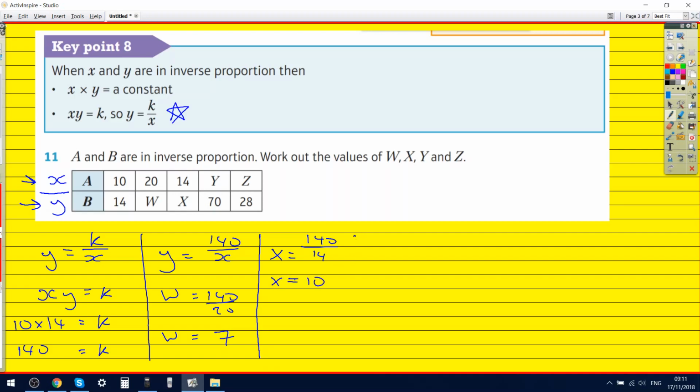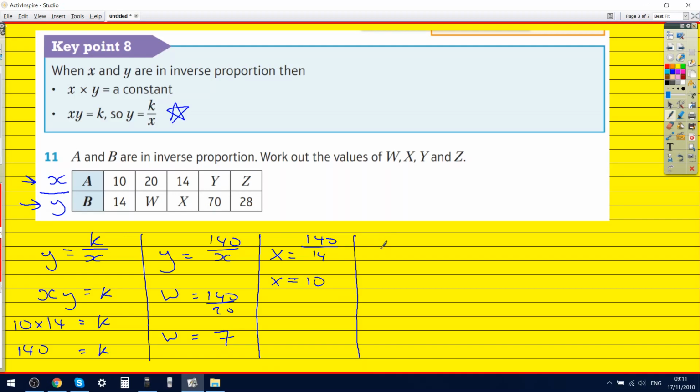Yeah. Okay, how about the next one? You have to find this. And again, confusing that they're using these letters. So I need to do 140 over 70. Well, 70 is now in the other place.